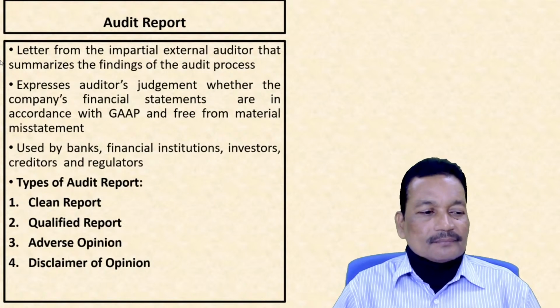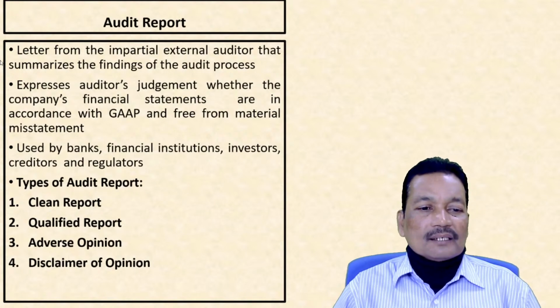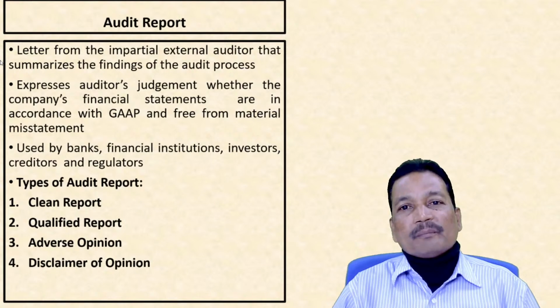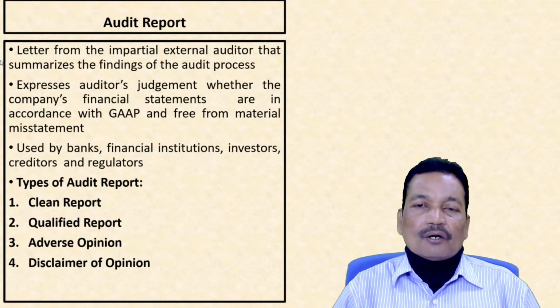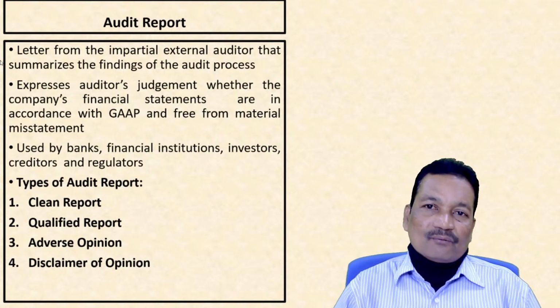In that case, the auditor may come up with a report that is disclaimer of opinion. That means it is not based on information or the organization has concealed the information.